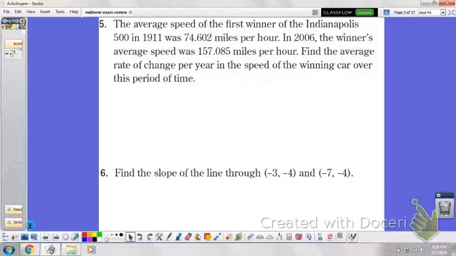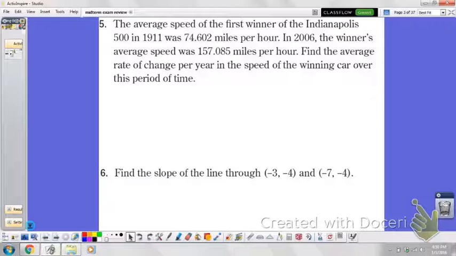Number 5 says the average speed of the first winner of the Indianapolis 500 in 1911 was 74.602 miles per hour. In 2006, the winner's average speed was 157.085 miles per hour. Find the average rate of change per year in the speed of the winning car over this period of time.